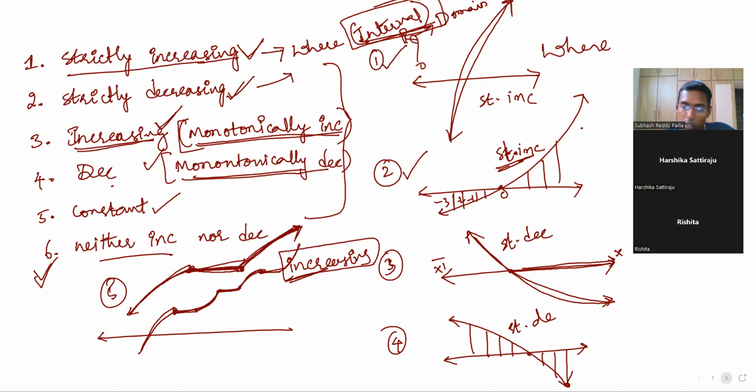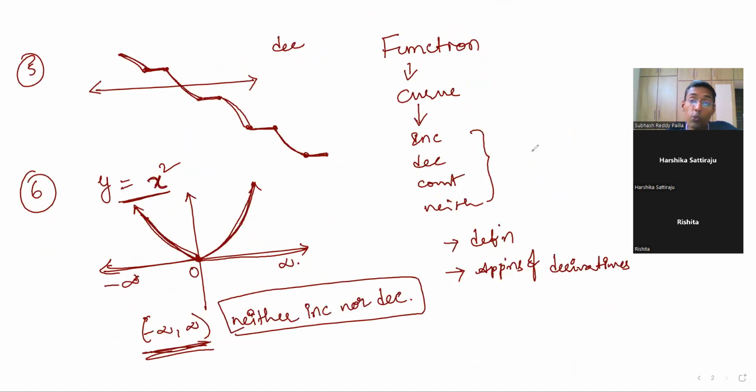Which interval is the important thing. Question is where, which place, which interval it is increasing. Either you have to find out the interval, or he will give you the interval, and you have to find out whether in that interval it is increasing or decreasing. Now I just introduced the terminology.